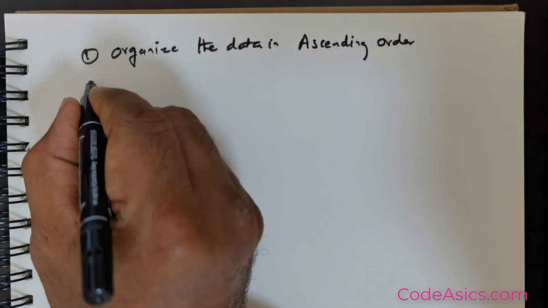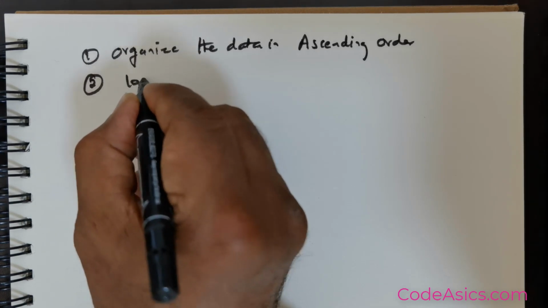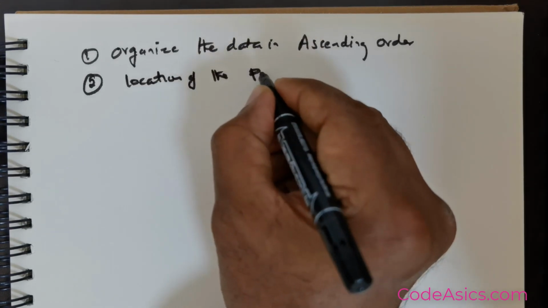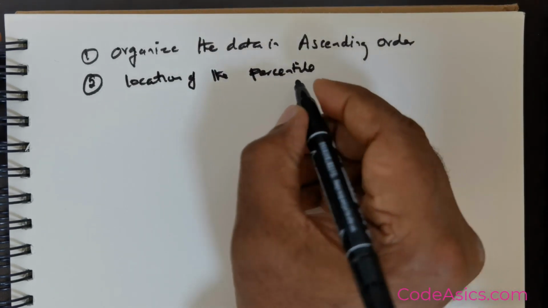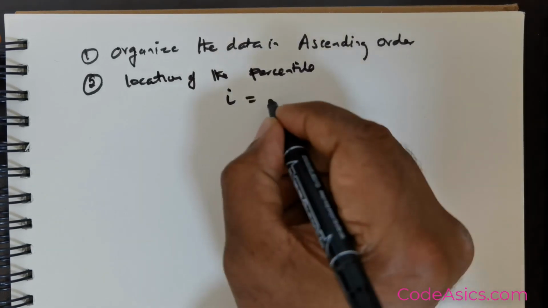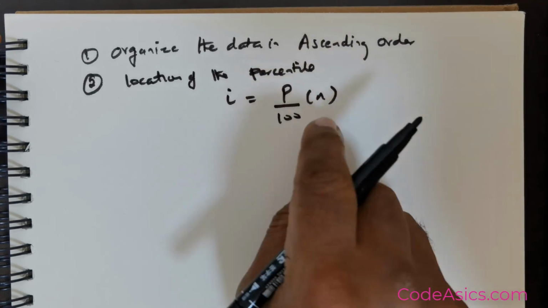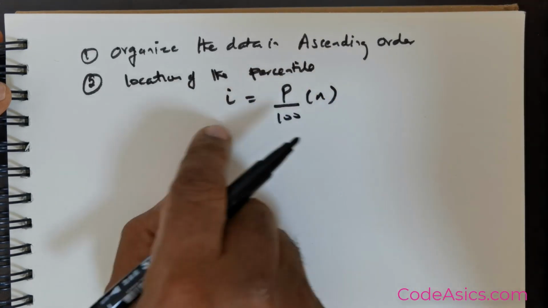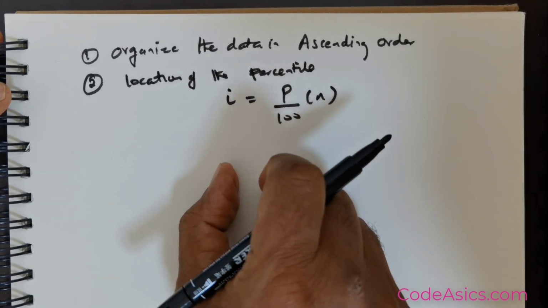Next, you want to calculate the location of the percentile. Now, why do we need this? I'll give you an example so you'll have a better understanding. That is given by a formula: i is equal to P divided by 100 times N, where N is the number of data points. And this will give us the location of where exactly this percentile is located.